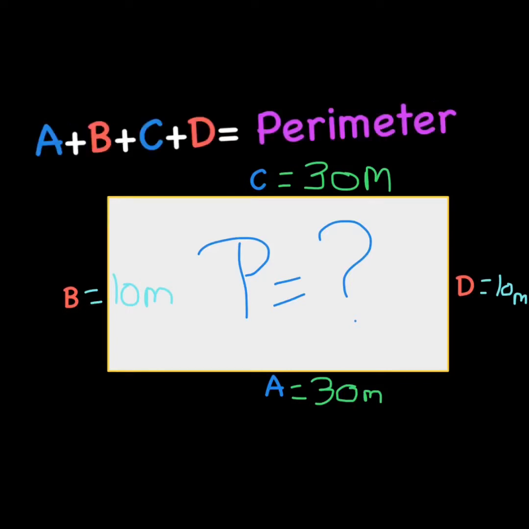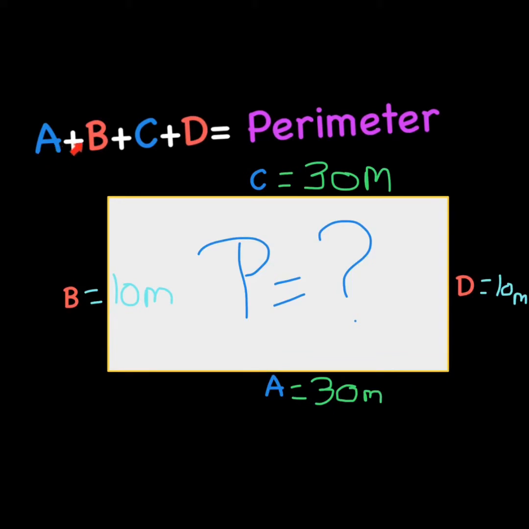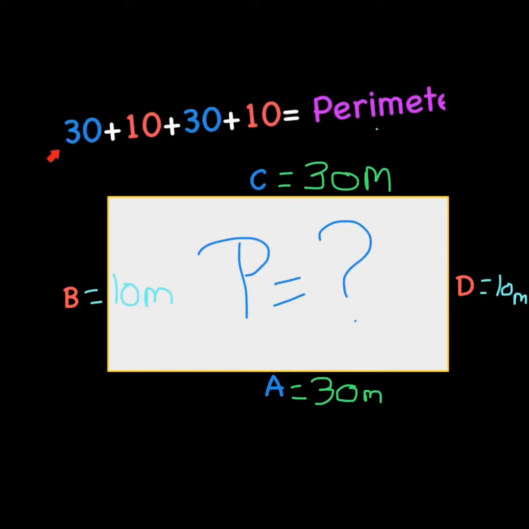So if we take A plus B plus C plus D, we will find out what the perimeter is equal to, because we are adding side A plus side B plus side C plus side D. So to figure out the perimeter, we're going to add 30 plus 10 plus 30 plus 10. I'll give you a moment to add that up.